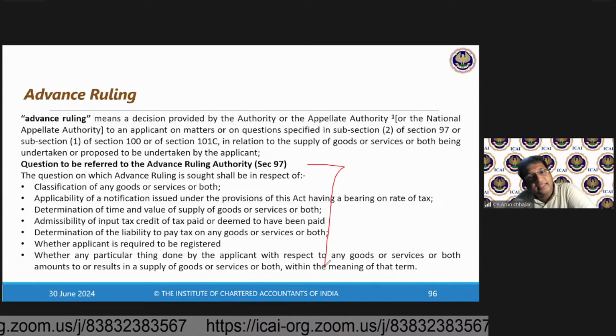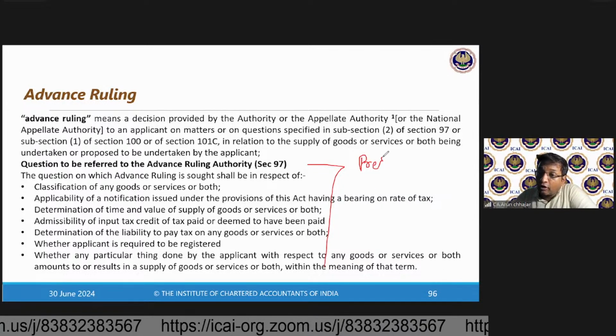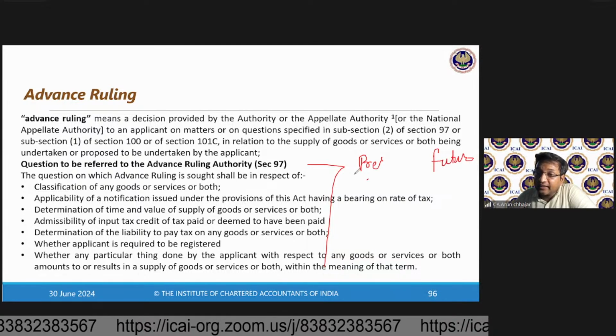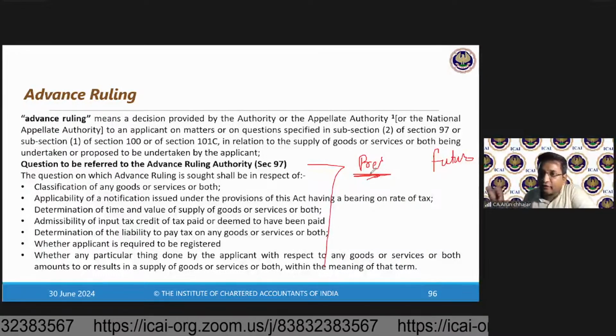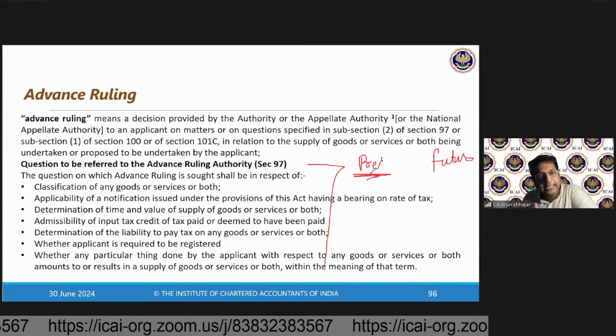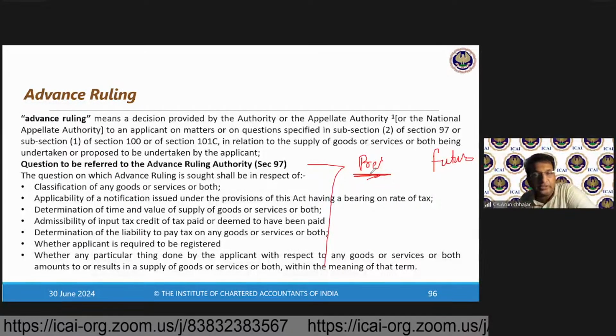Third, it can be for the present or for the future transaction. Either you are doing the transaction for which you have the question, or you will do the transaction in future, meaning thereby you cannot ask the question which is for a past executed transaction.